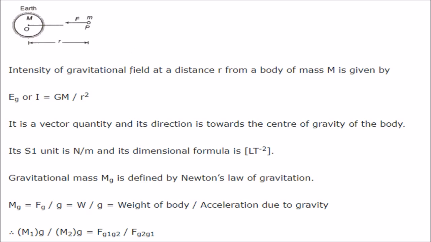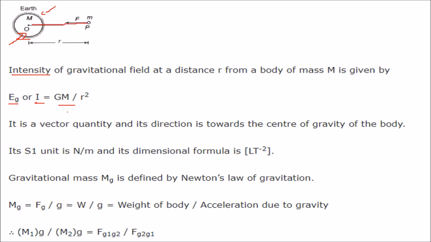Then we have the intensity of gravitational field, which is very important. We write it as Eg or I. This is the intensity of gravitational field at some distance r from a body of mass M. It is given by G into M divided by r square, where capital M is the mass of the Earth in this example, and r is the distance of the object from the center of the Earth.